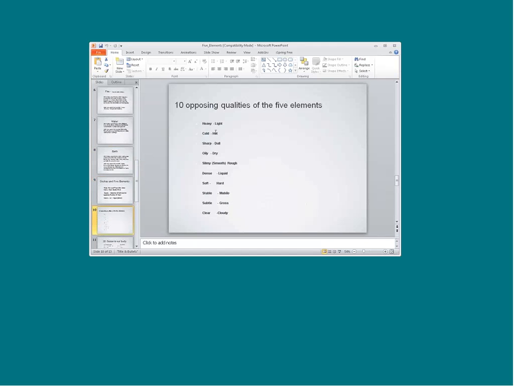So I want to touch very briefly on the 10 opposing qualities. This is an extremely important topic. We're really just introducing it here, but I cannot emphasize enough how much you will find these opposing qualities. Everything that we talk about in Ayurveda, we can talk about in terms of these 10 opposing qualities.